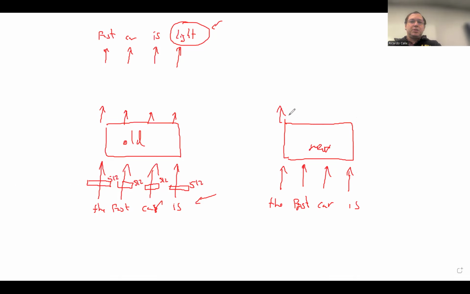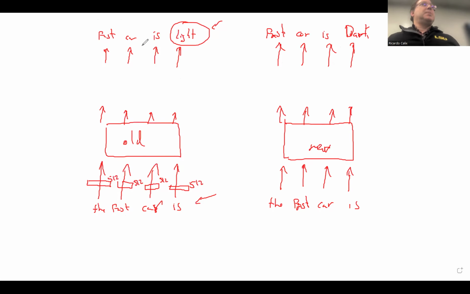And then this produces, and I'm skipping something there, fast car is, let's say here it predicts dark for whatever reason. Okay, sure. Do you see that? But we're saying, okay, this is essentially the fast car is. We never look, right, at that prediction, essentially, right? But this is what is expected.